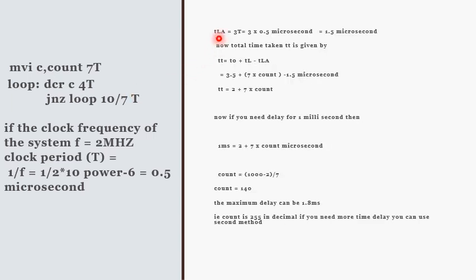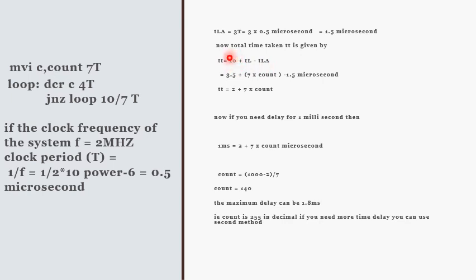So TLA is equal to 3 T states, that is, after the loop is executed, the time is 3T, that is 3 into 0.5, which is equal to 1.5 microseconds. So now the total time taken, TT or time delay, is given by TT is equal to T0 plus TL minus TLA, right?